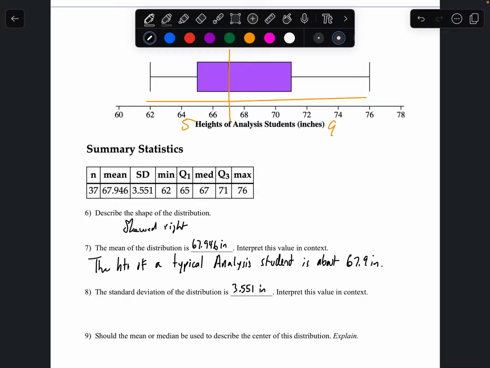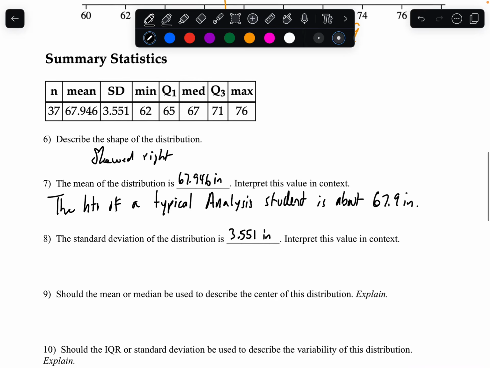And so again, going to the context here, we could say something like the height of an analysis student is typically 3.6 inches away from the mean of 67.9, or the height of a typical analysis student is 3.6 inches away from the mean of 67.9. So something along those lines.